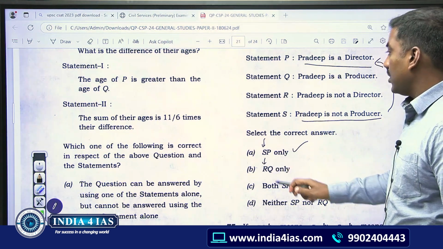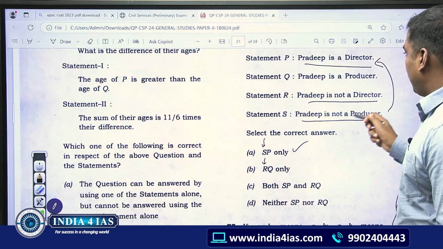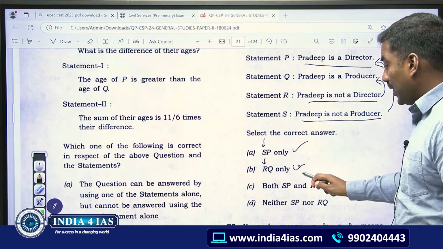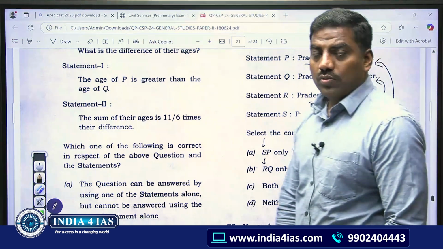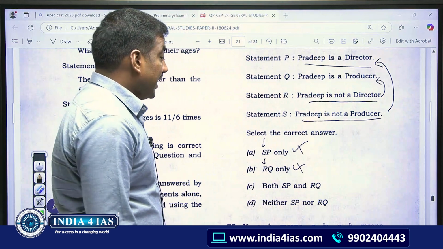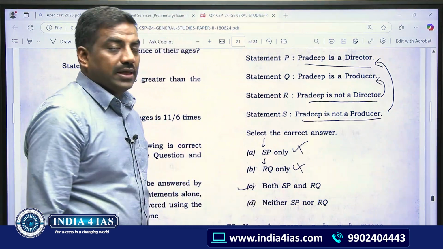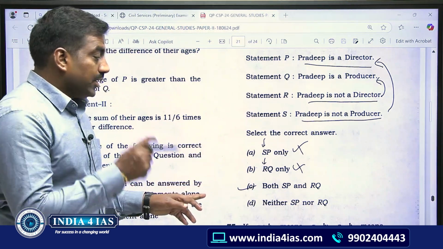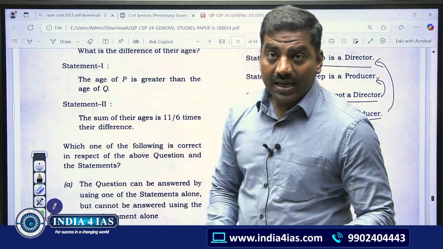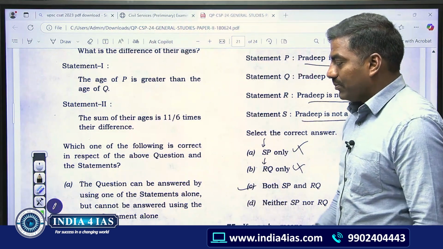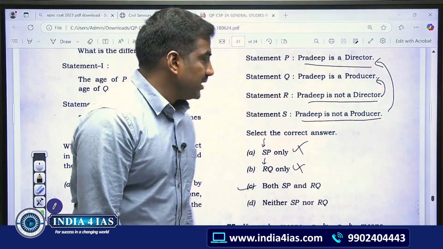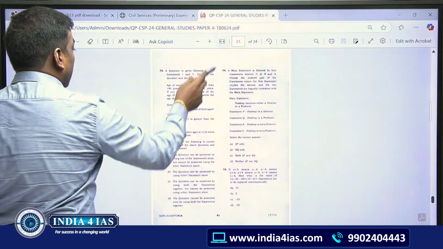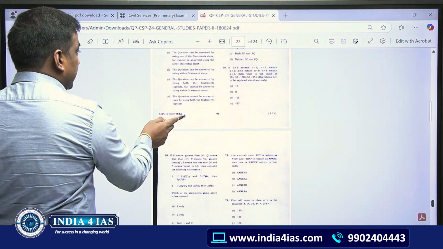Then R: Pradeep is not a director. That means Pradeep is a producer. RQ. But SP only, RP only, RQ only, no. SP is also true and RQ is also true. Both SP and RQ, yes. That means S implies P, R implies Q. So both of them are correct and they are consistent with the given main statement. So this is a statement conclusion problem. Such problems are increasing these days. So please be careful. It doesn't have any maths, but it has logic.